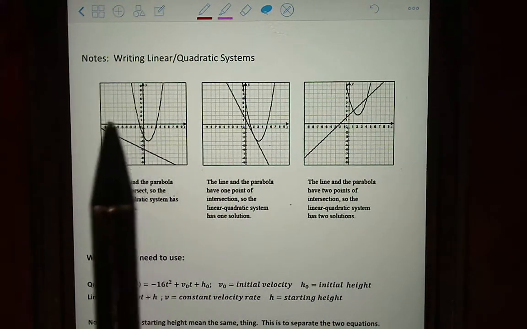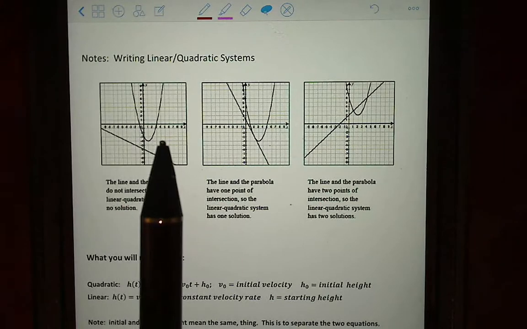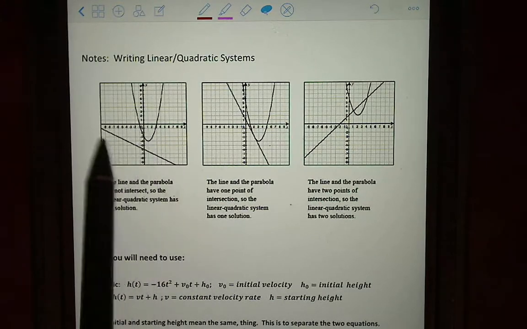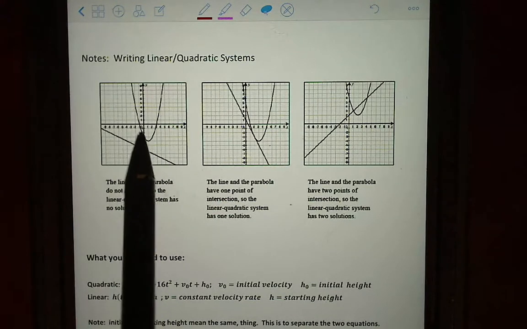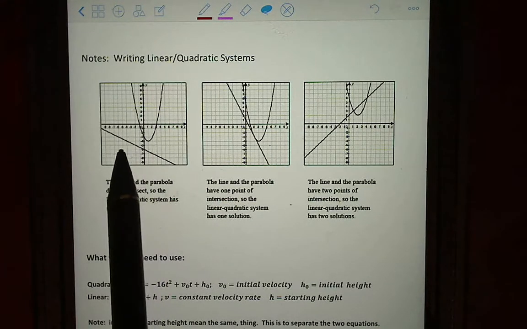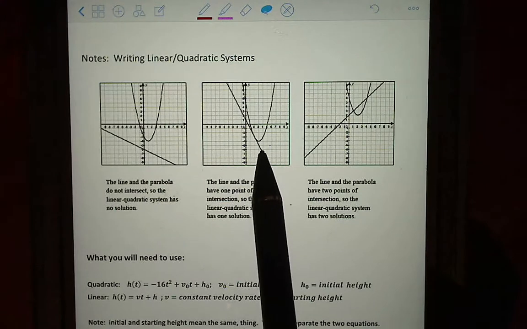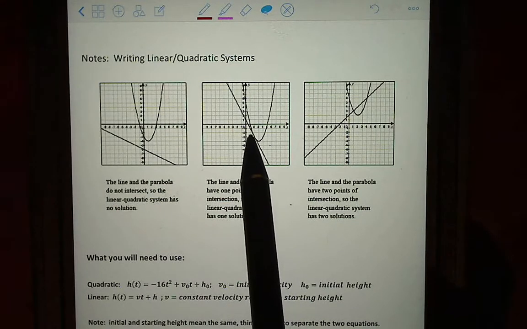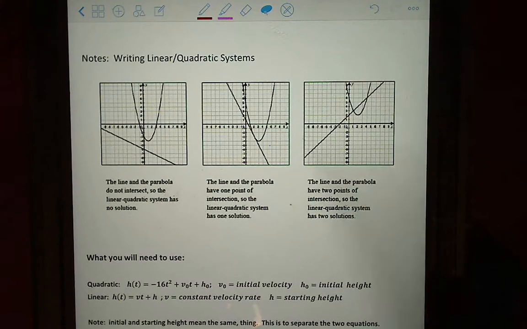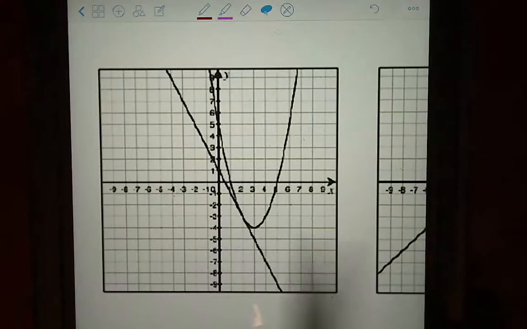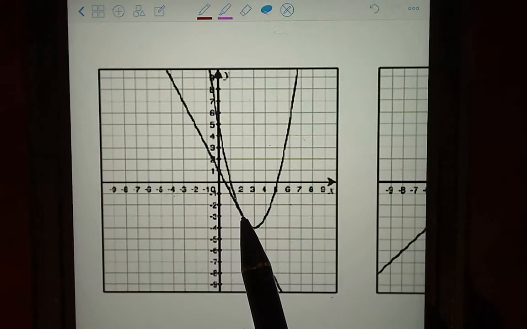The first one you want to know is when you have no solution, meaning that your linear line does not actually cross your quadratic in any form or fashion. You could have one possible solution, where your point of intersection is the tangent point, where it only crosses at one spot, kind of like here.